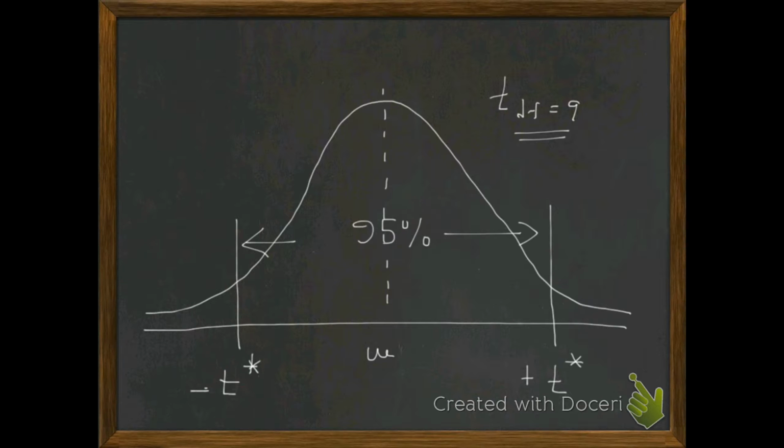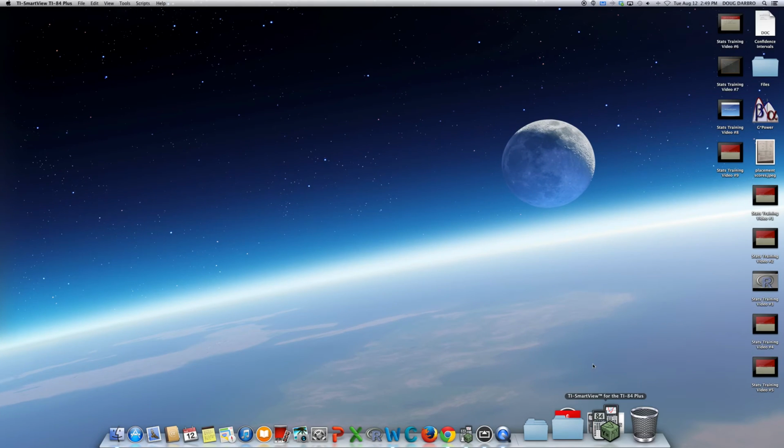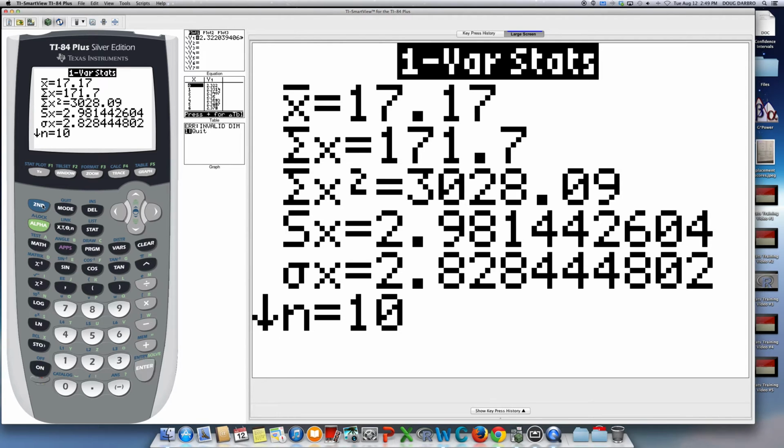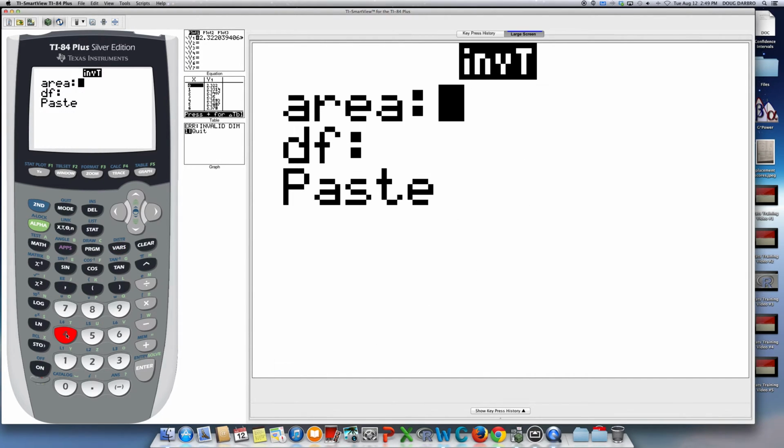Need to go back to our calculator. Go second function, distribution. And come down to number 4. Number 4 is inverse t, it works just like inverse norm, except still one area below, so we have a 95%, so we have 0.025 to the left of the mark we're looking for. The degrees of freedom is equal to 9.